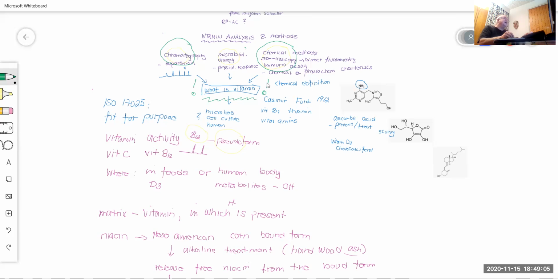Or do I have to use a microbiological assay? Because then I know that if this microbe is growing and it's using this vitamin as one of the growth factors, then it is the vitamin. But now there is this hidden step. Is the microbe or the animal of your experiment working in the same way as it happens in the human body?